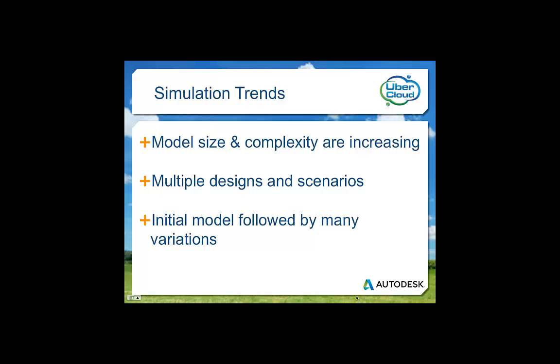And then secondly, they're increasingly looking at many simulations, not just one, so that they can test different design ideas and different operating conditions, again, like we saw here in Mark's project. And then third, because nowadays most tools allow you to quickly set up multiple runs, after customers set up that initial model, the main bottleneck that they face is really solving and having the resources and licenses available to do that solving.